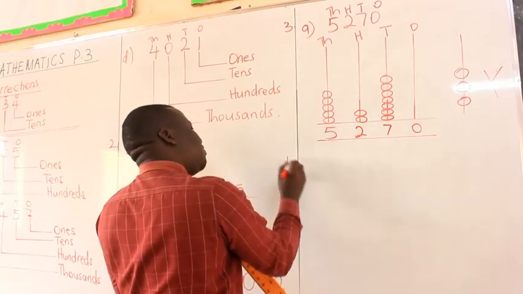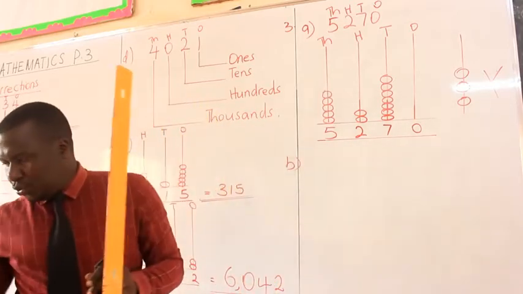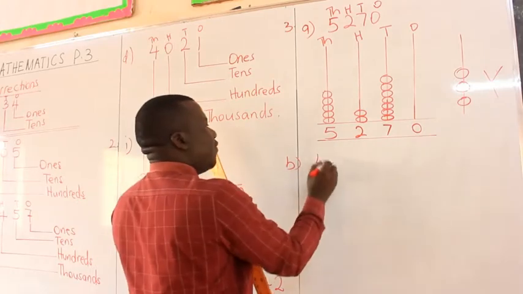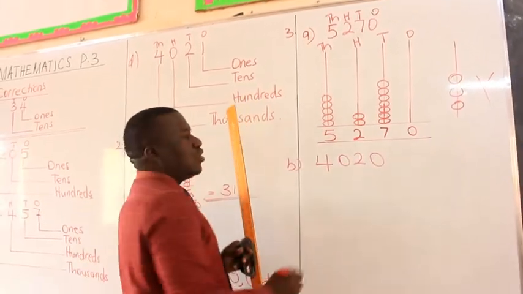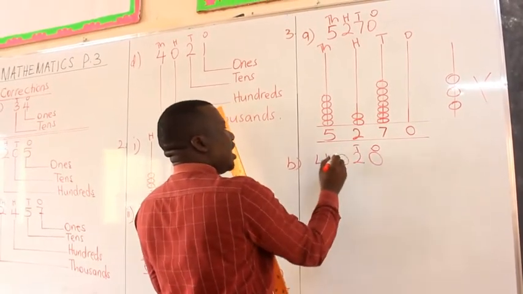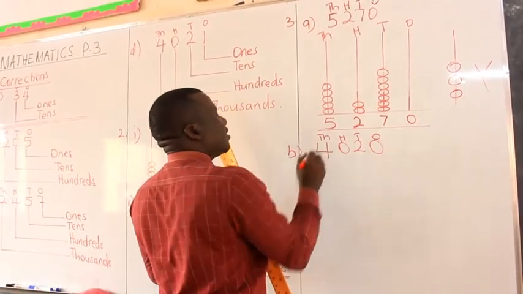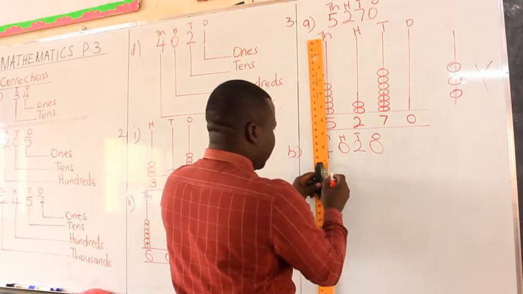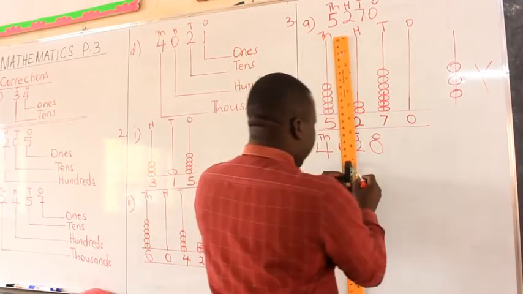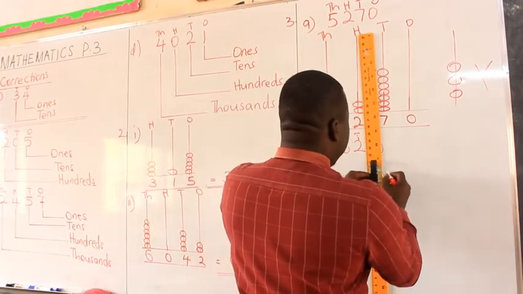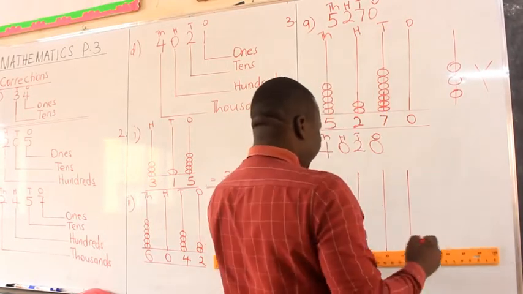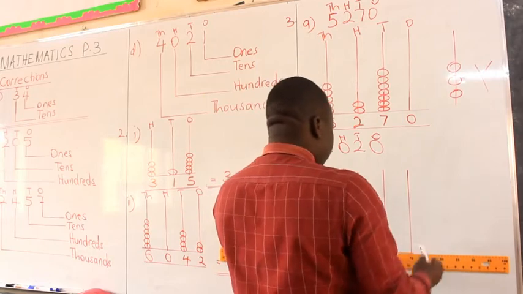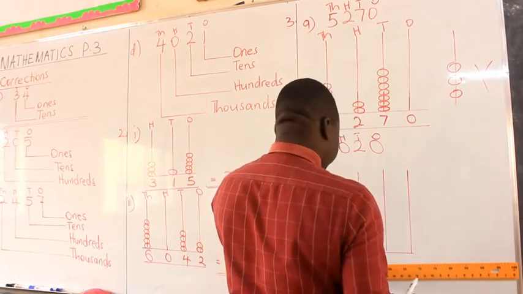Let's move on to part B. They wanted you to show this number, 4,020, on the abacus. So this is ones, tens, hundreds, thousands. Draw your abacus up to the thousands place value.